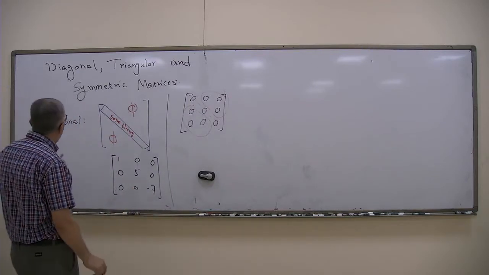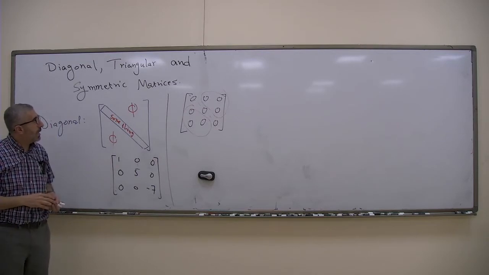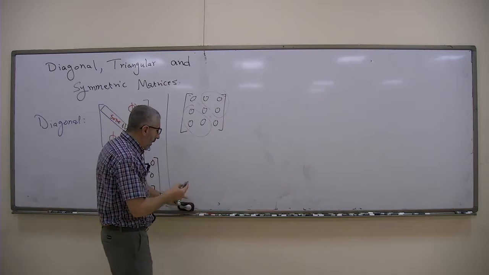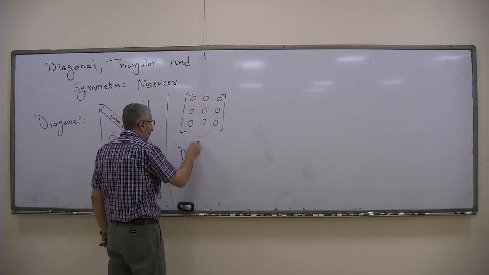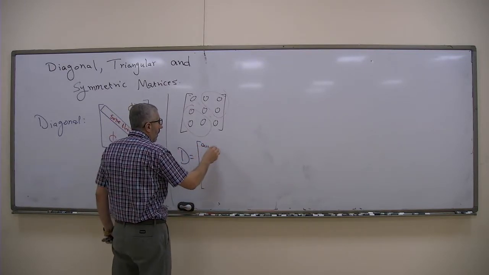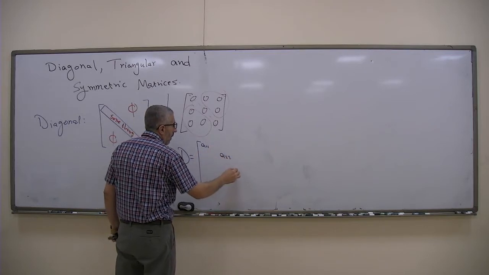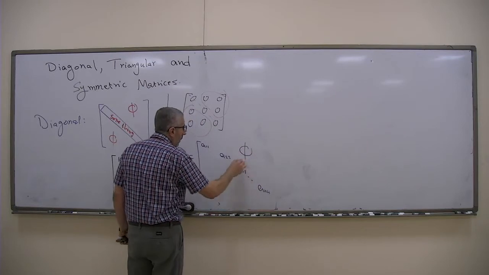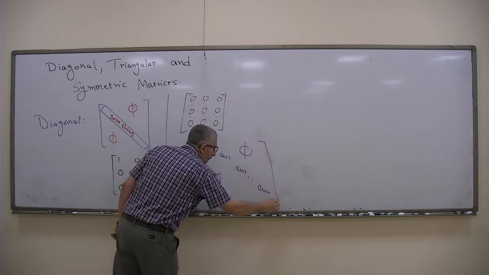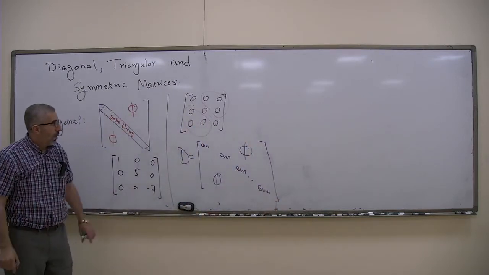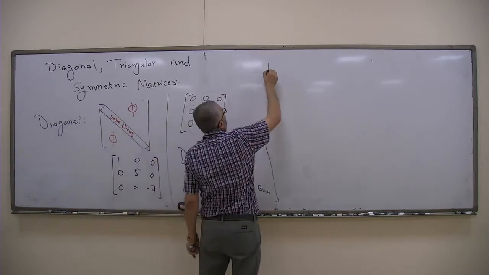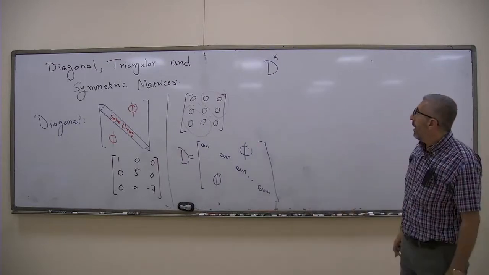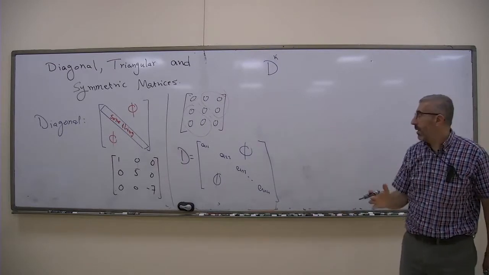Okay? So diagonal matrices are very nice, easy matrices to deal with. If you have a diagonal matrix D in general, D equals, let's say, A11, A22, A33, ANN, and zeros here, zeros here. Right away, you can think about D exponent K for any positive integer K. So if K here is 10 or 100 or a million, it doesn't matter.